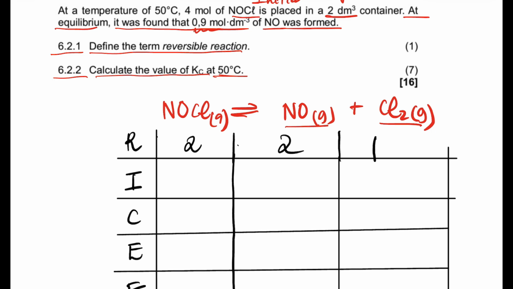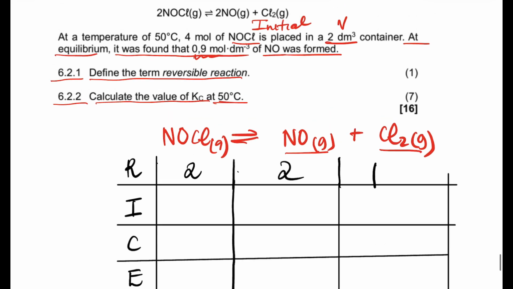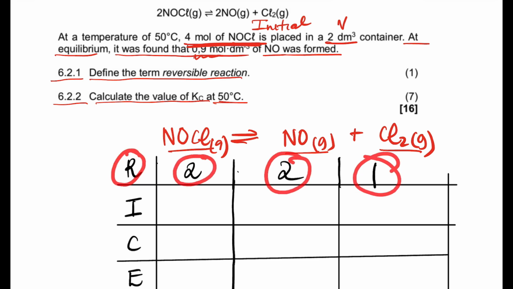Now let's place what we are given in the table, right? Now it says 4 mole of nitrosyl chloride, its initial. So here's the nitrosyl chloride, guys. I'm using the RICE table. Our ratio here is 2:1. Where do we get that? There, right?